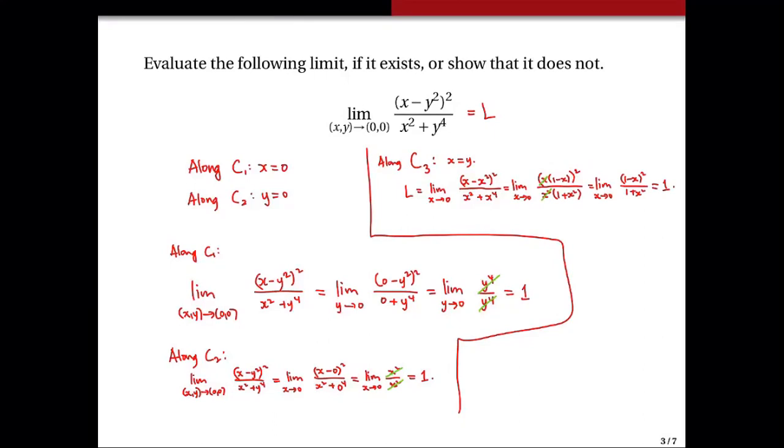It's a good try, x equals y. But the limit is still 1, so we can't conclude anything with this. Now, I say it's a good try because the curve you are using passes through the point 0, 0.